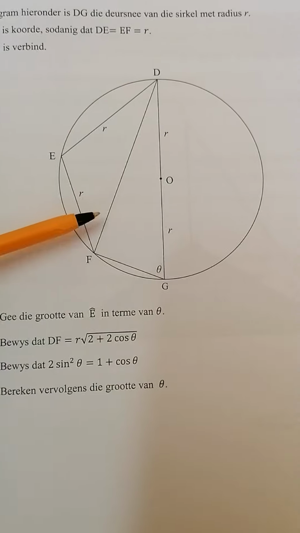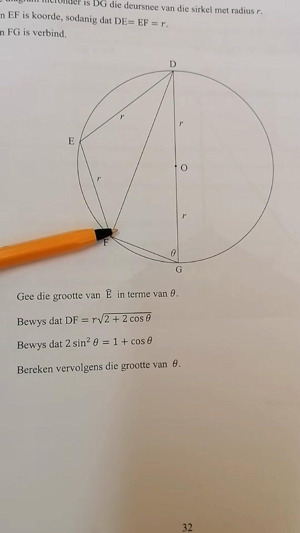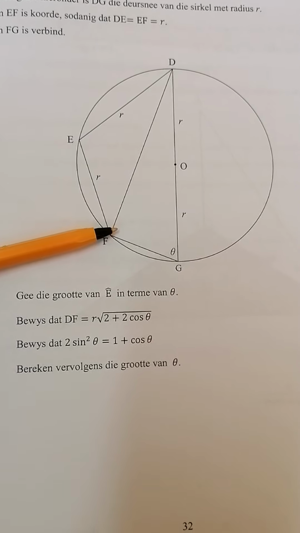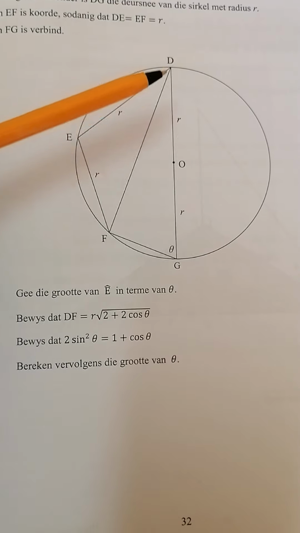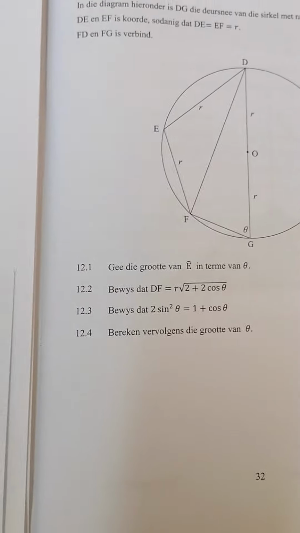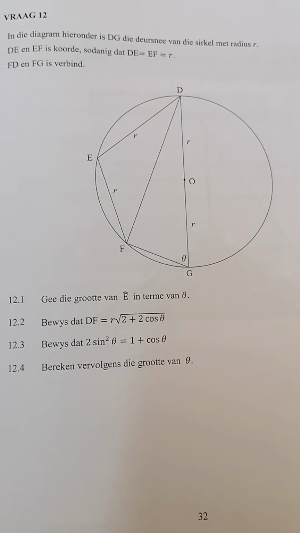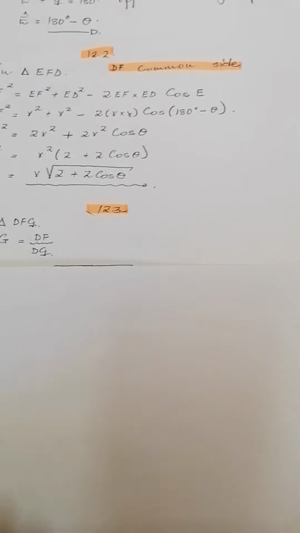Why am I saying that? Remember, I made mention of the fact that angle F is equals to 90 degrees because it is subtended by the diameter on the circumference, meaning that triangle DFG is a right-angled triangle.